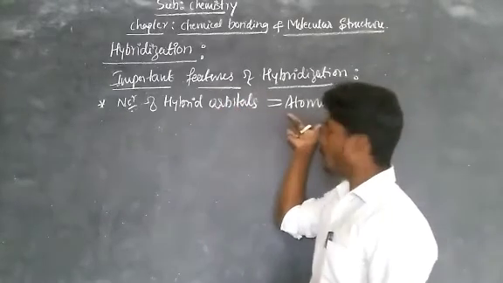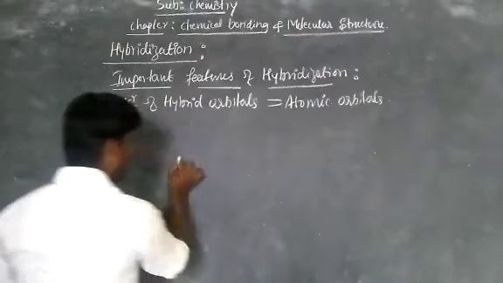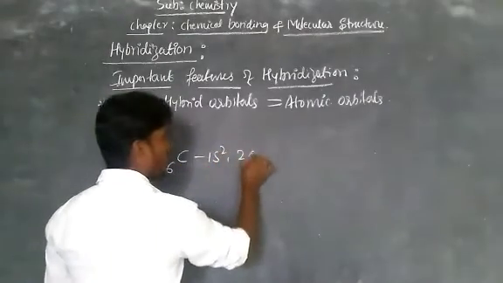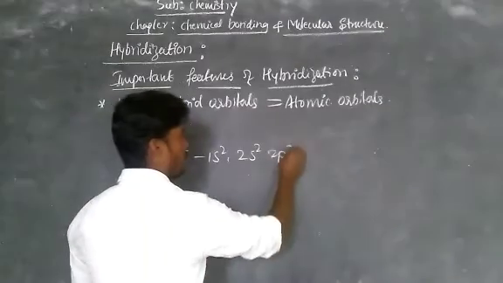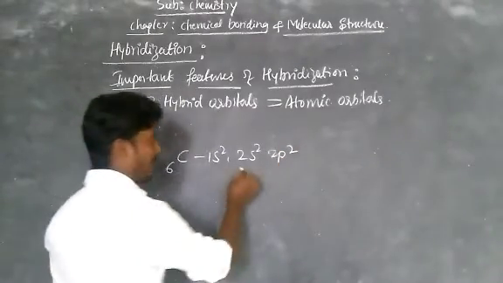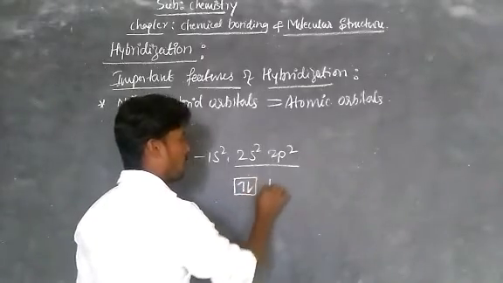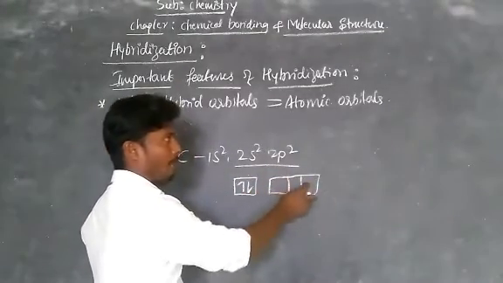For example, take carbon. Its atomic number is 6, so the electronic configuration is 1s2, 2s2 and 2p2. Here the valence shell electrons are 2s2 and 2p2. In s there are 2 electrons with opposite spin, and in p there are 3 orbitals.